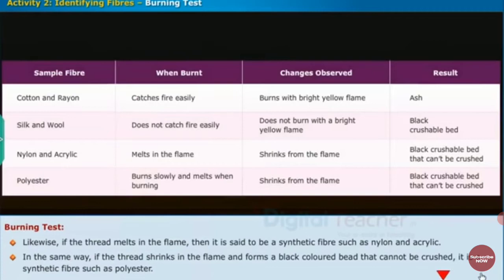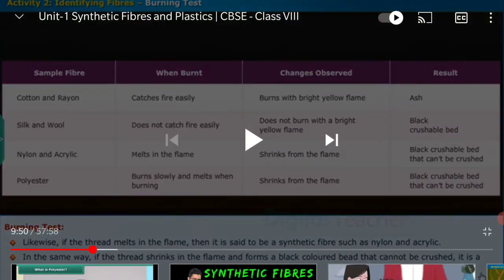And if it is silk or wool, it will give the smell of hair burning and give ash, but it cannot burn with a flame. And if it is nylon or polyester, it melts and attaches to the body. Okay, now you can continue.